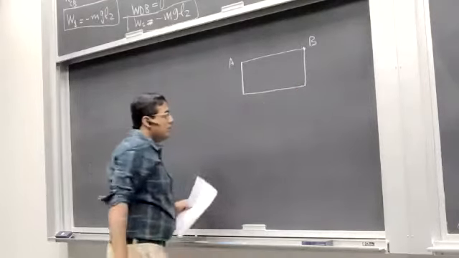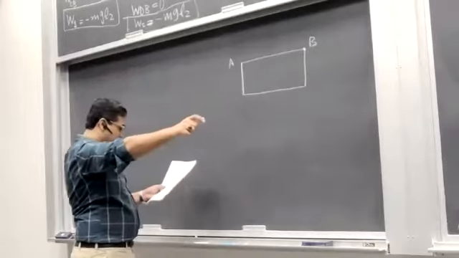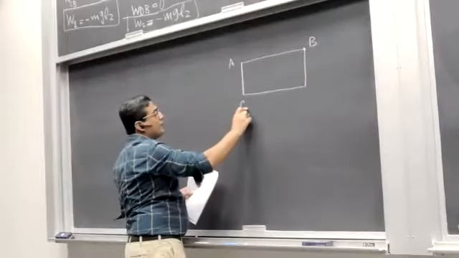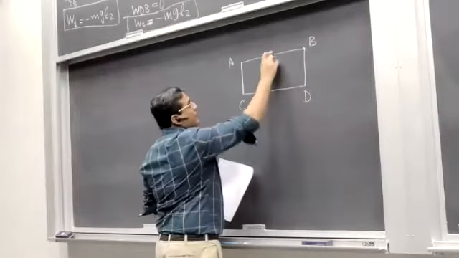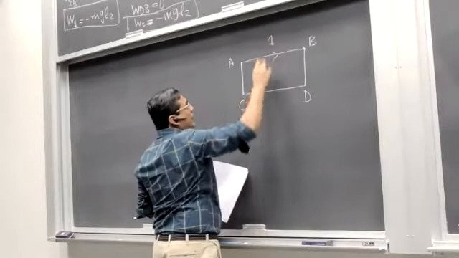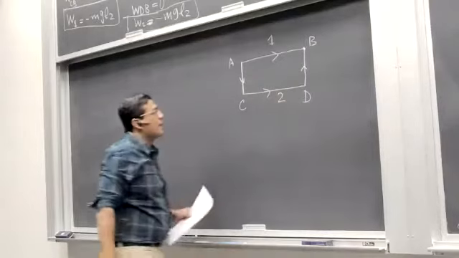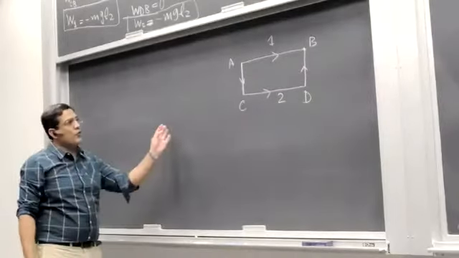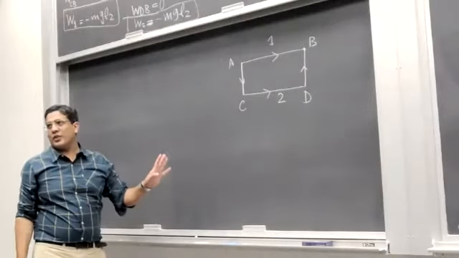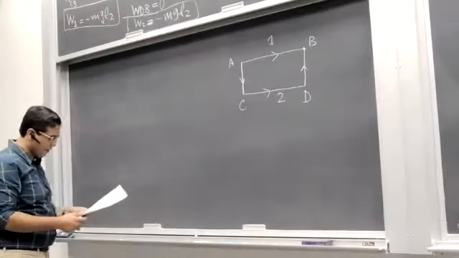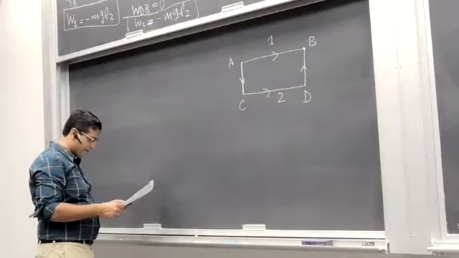We go to B directly, path 1, or we go to B via this other path, path 2. No other force is acting on it except the force of friction. Only the friction force is acting on it, right?